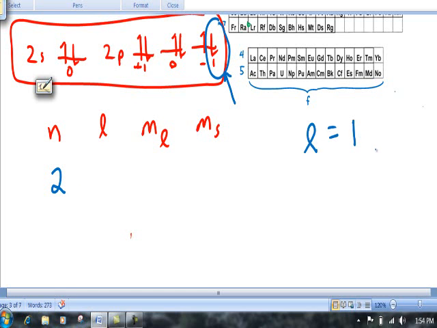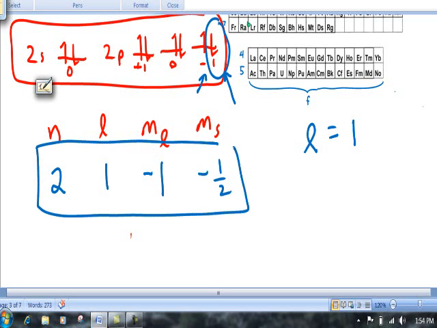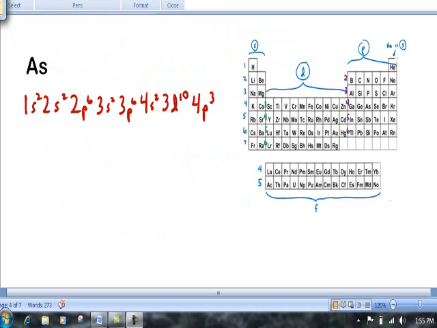L is equal to 1 for the p sublevel, so our L value is 1. M sub L is the spatial orientation. In this case, that last electron got placed into the m sub L value that has a -1. And then the m sub s is our spin. Arrowhead up, it's +1/2. Arrowhead down, -1/2. So we have -1/2. And then this would be our 4 quantum numbers that represent the magnesium 2+ ion.